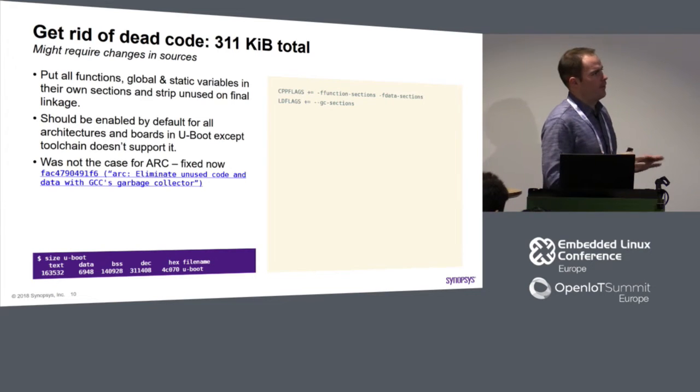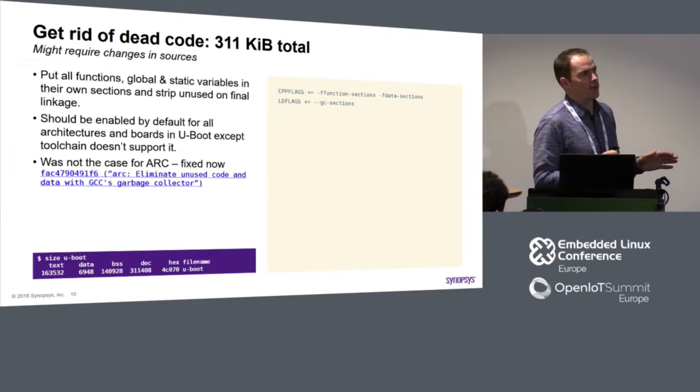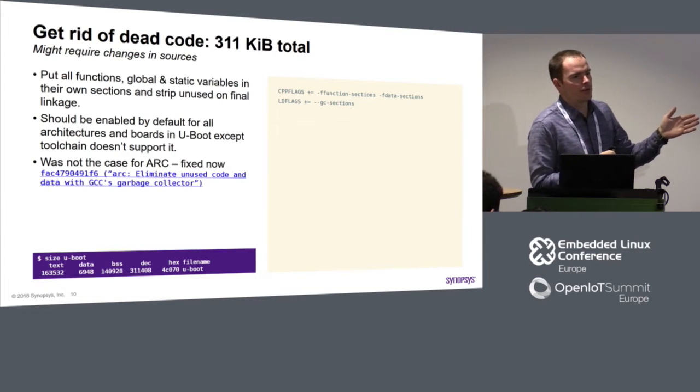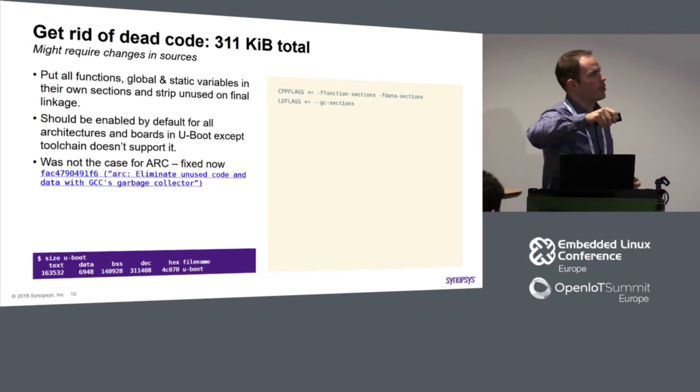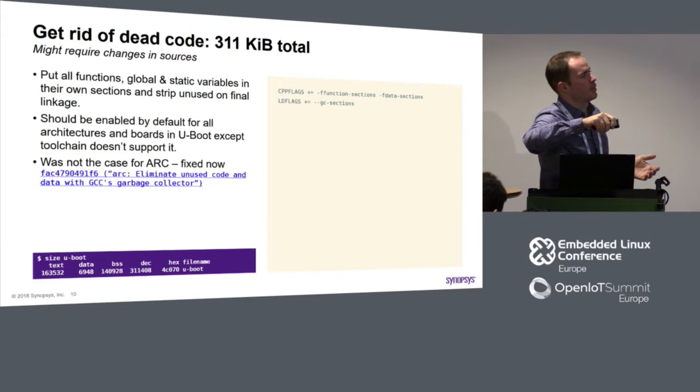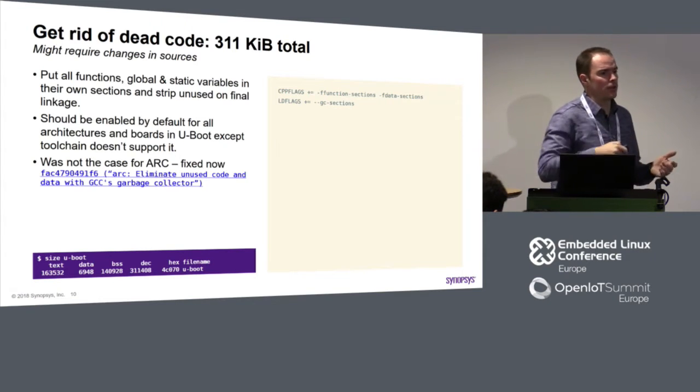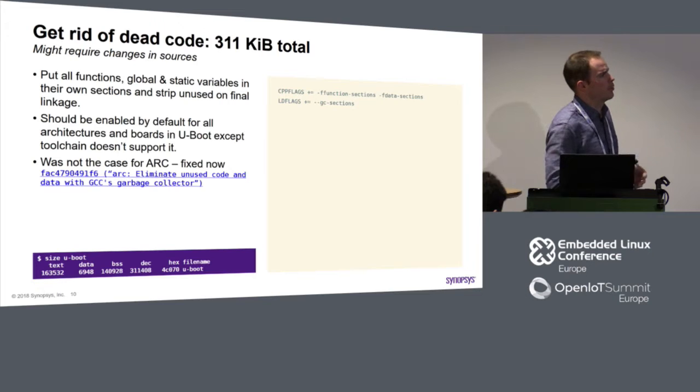It is a very simple thing, but for some reason, well, I know why, because previously I had way too much memory, so I didn't think about that. So I didn't do that, and now I added the corresponding options in CPP flags and LD flags, and if you want you may click on that commit if you download the slides, and you'll see how it was done.